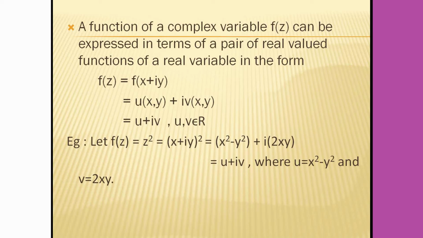A complex function can be represented as a pair of real valued functions of real variables in the form shown on the screen. f of z equals f of x plus iy, since z is equal to x plus iy, which we can write as u of x comma y plus i times v of x comma y, where both u and v are real, that is u plus iv.